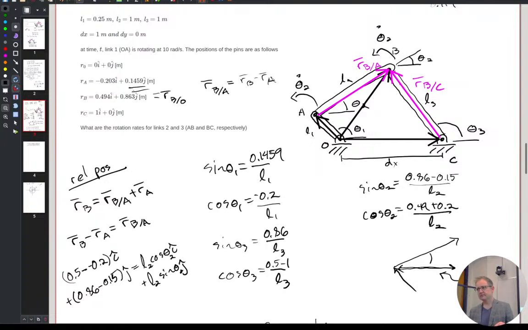Yeah, so this is O to C minus the distance from B to O. I guess I said it backwards, but it doesn't matter. It's cosine.